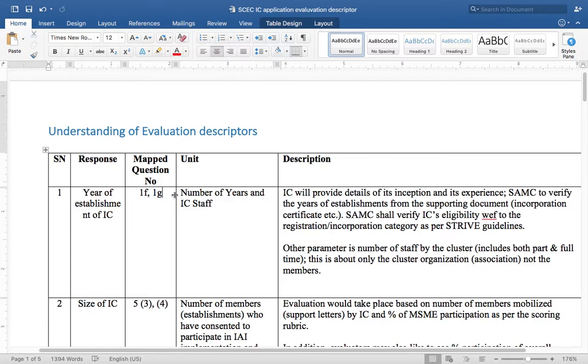Then there is a description also provided to help the state cluster evaluation committee members understand what we are trying to evaluate and what parameters have to be culled from the IC application form for the assessment of the applications. As we have mentioned, this is mapped with question number 1F and 1G. This is talking about year of establishment, for example.